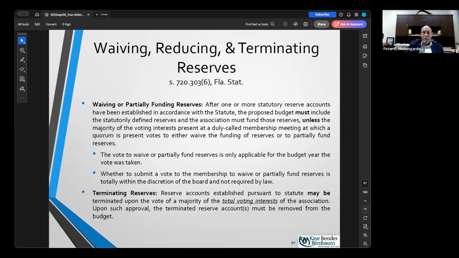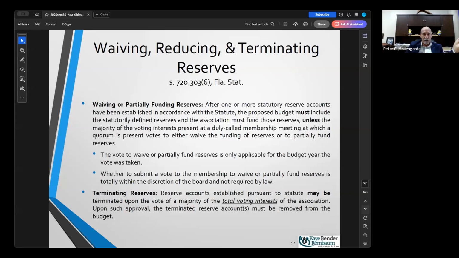The vote to waive or partially fund only applies to the applicable budget year the vote was taken. So you've got to keep doing it every year if you want to keep waiving or partially funding. Whether to submit a vote to the membership to waive or partially fund is within the discretion of the board. In other words, you don't have to have the owners vote on that every year. You can just maintain the reserves and not vote for any kind of waiver or reduction.